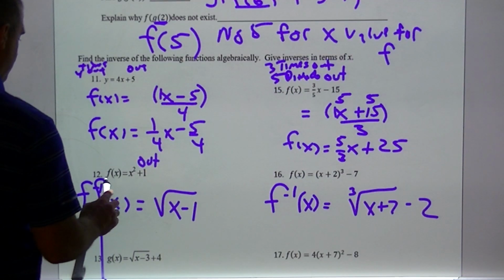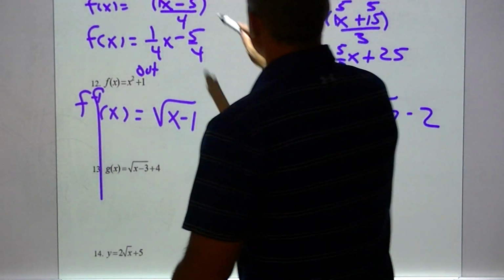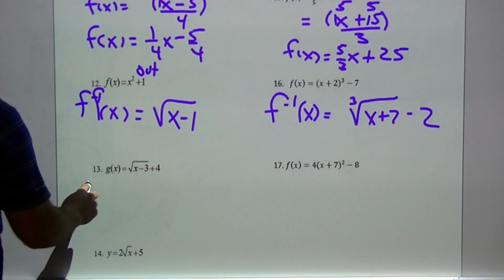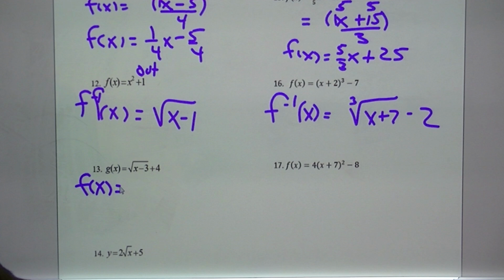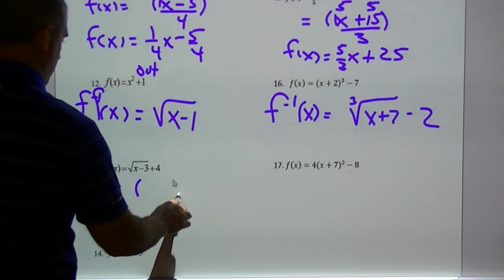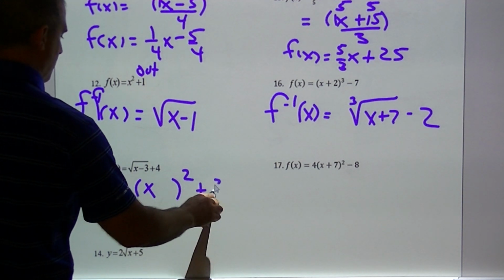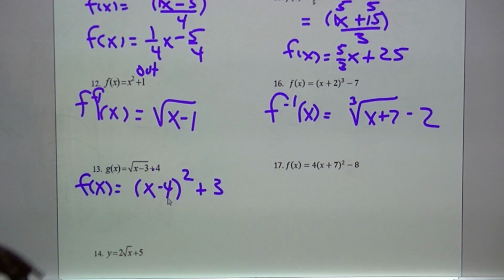This is minus 3 outside, minus 3 inside, plus 3 outside, plus 4 outside, minus 4 inside.